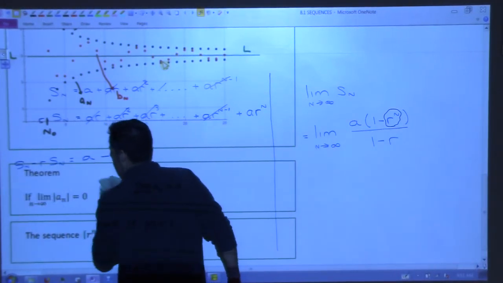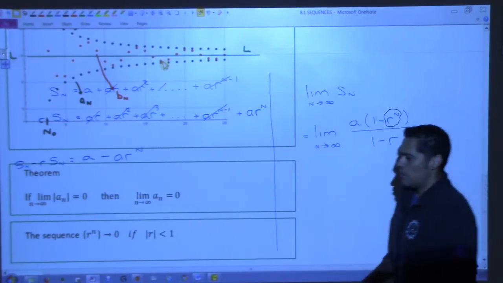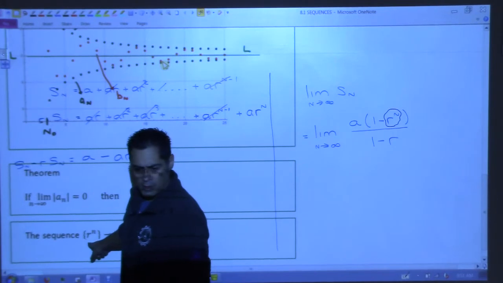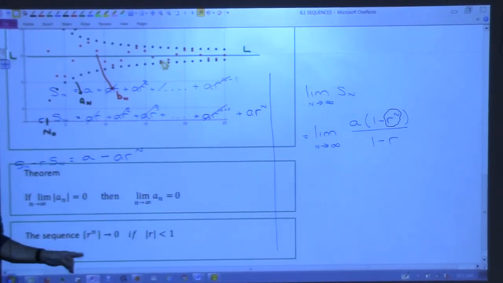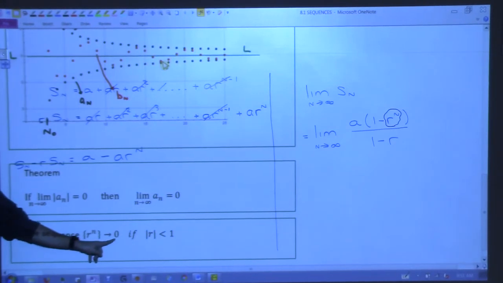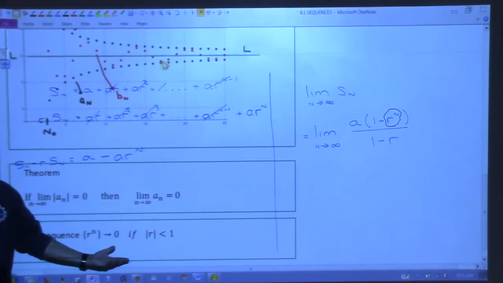Do you see the very last thing there? What does it say? The sequence r to the n. So we're saying what happens to r raised to a power as you let n go to infinity, right? That's what this says. This says it goes to 0 so long as the absolute value of r is less than 1, right?